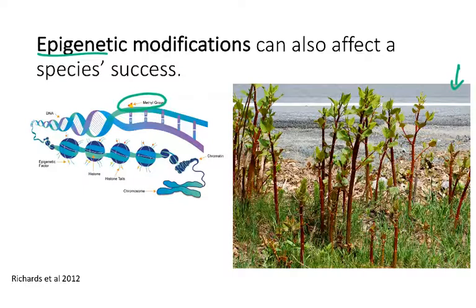A really cool example of this is in the Japanese knotweed, which is shown here on the right, a plant that was native to Asia and has now invaded a lot of North America. What's really interesting is that this plant is, in many cases, clonal, meaning the genotypes are identical. So we might expect that plant to not do very well if it has basically no genetic diversity whatsoever. But what they found is that there are actually epigenetic modifications in this plant.